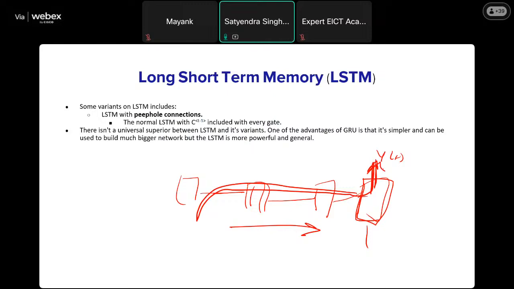However, it might be possible that the current output depends not only on the previous context but on the future context as well. In that case, you can use bidirectional GRU, where YT takes not only AT from the previous context, but also the AT from the future context.